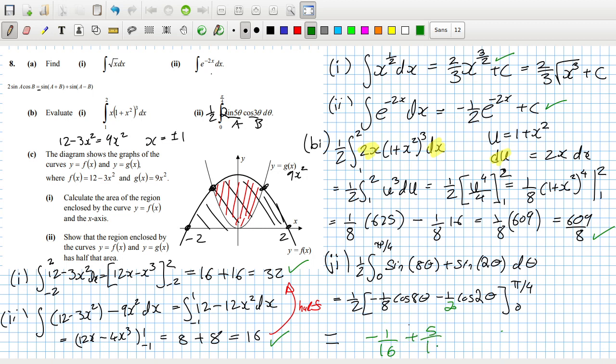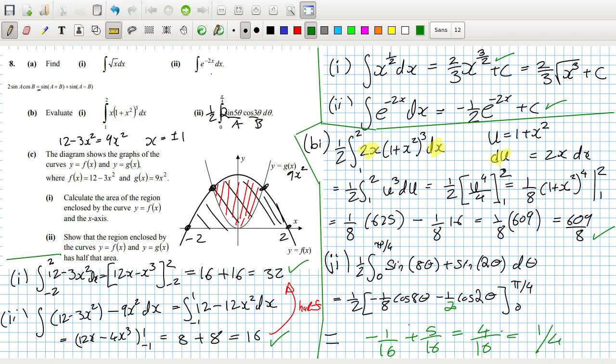Plus 5 over 16 is 4 over 16, which is 1 over 4. That's A. That's B. That's C. Sorry, kind of made a bit of a mess of that. But there you go. Now it's correct.